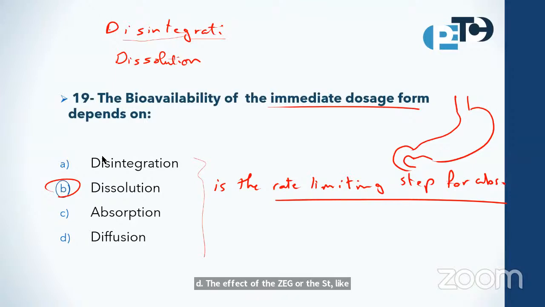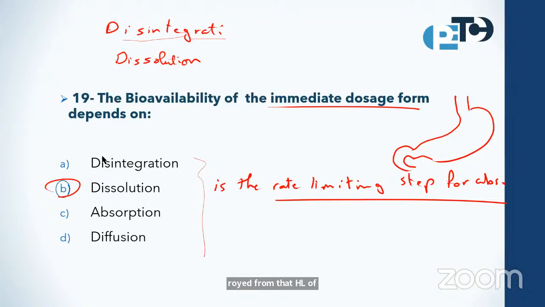It is harmful for the stomach. So when we formulate it as enteric coated, we protect the stomach. While a drug such as omeprazole will be destroyed by the HCl of the stomach. So we protect the drug.